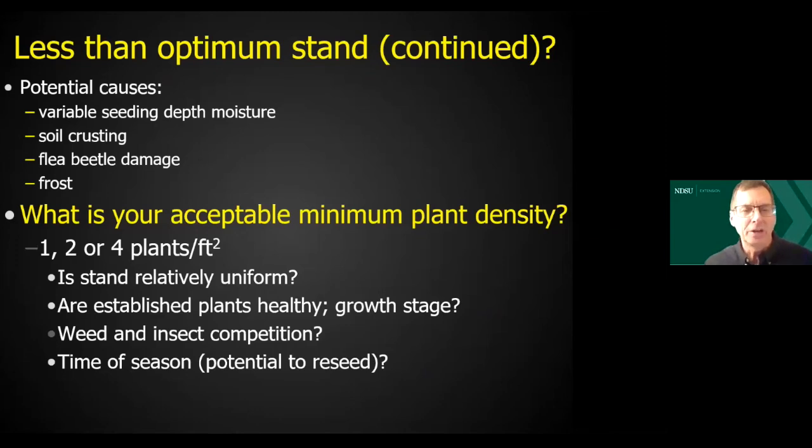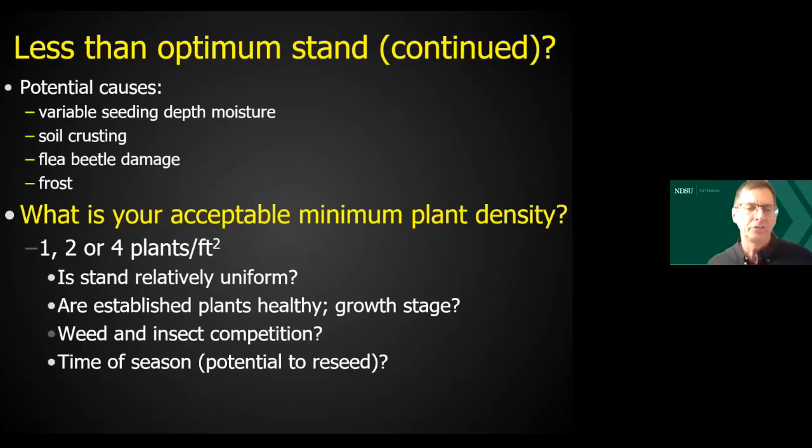A question is, is the stand relatively uniform? And in most cases, I suspect not. Are established plants healthy? We would hope that be the case, and that certainly will help us on a low density stand. And growth stages, more than likely there's going to be a lot of variability there. How about weed and insect competition? Certainly as that density of canola plants goes down, it's going to give the opportunity for weeds and insects to be more of a negative factor for us.